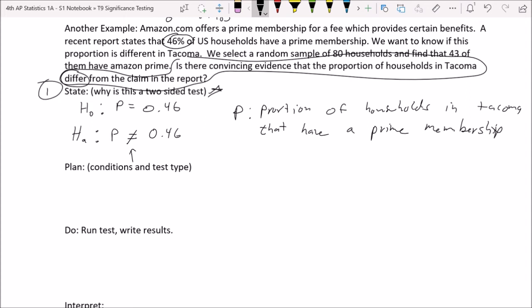Now we need to do the plan. This is a one proportion z-test, and in that test we have 3 conditions to meet. The first one is we have to establish randomness of the sample. Did we do that? Yep, it says right here, random sample.